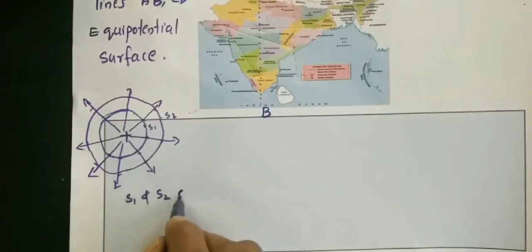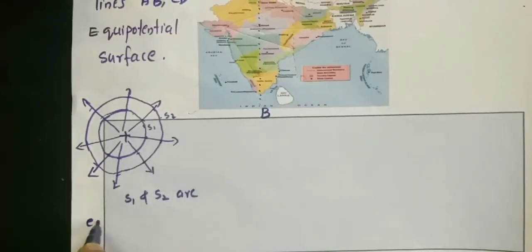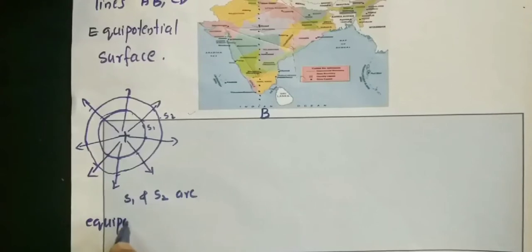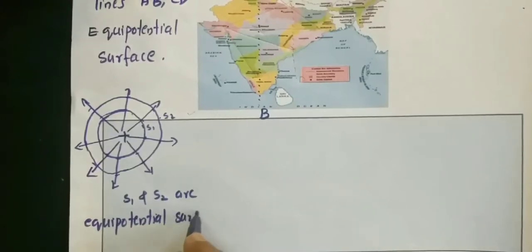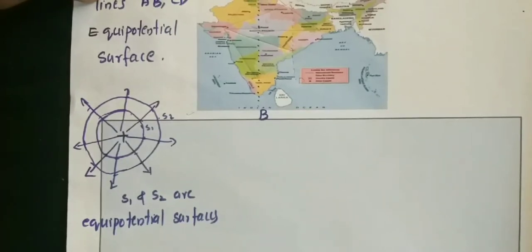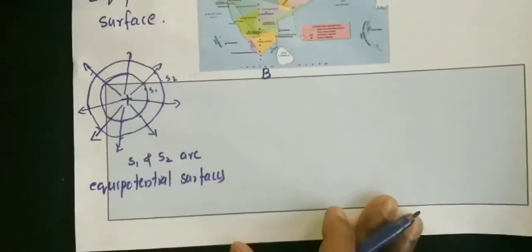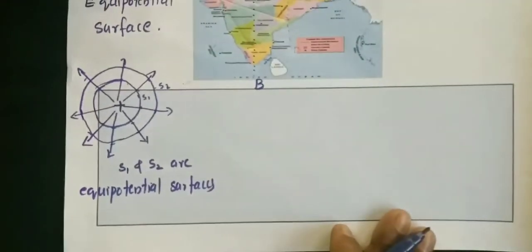And we can say that both S1 and S2 are concentric spheres with equipotential, meaning potential will be constant at S1 and S2. S1 will have one potential, S2 will have another potential, but all points in S1 will have the same potential, and similarly all other points which lie in S2 will also have another potential, but all the potential will be constant.